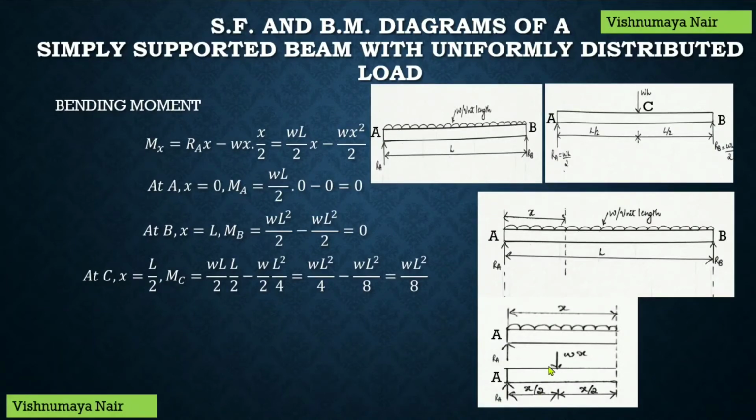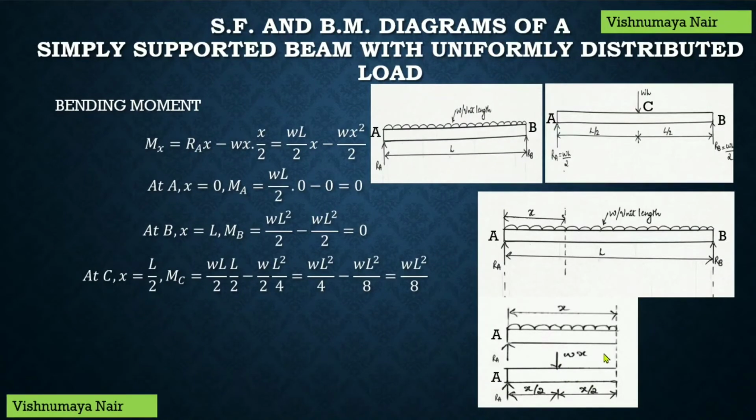So, Ra into x will be the moment at this section due to the reaction force Ra, and it will be positive. Now, this point load Wx has the tendency to rotate the beam in the anti-clockwise direction like this with respect to this section, and any moment in the anti-clockwise direction on the left portion of the section is considered as negative. Therefore, the bending moment at this section due to the point load Wx will be negative, and it will be equal to Wx into perpendicular distance, and the perpendicular distance is x by 2.